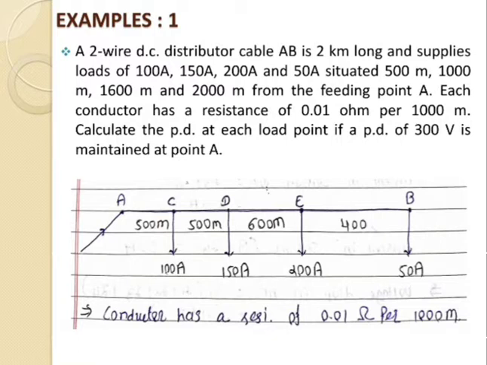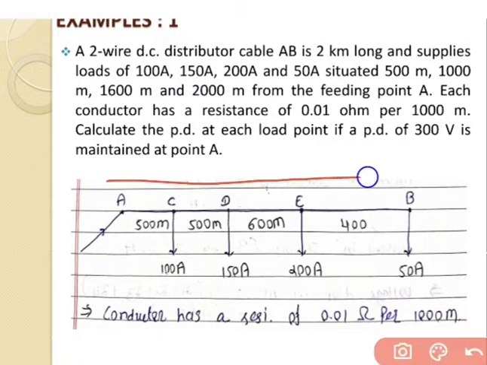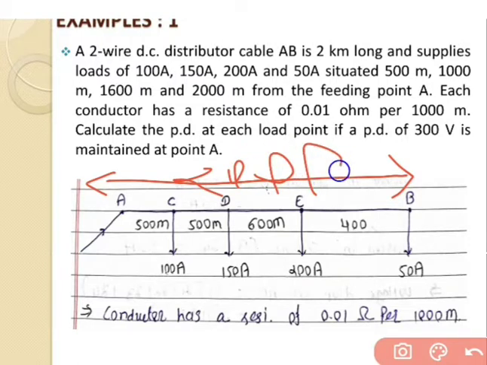Based on the given data, just go for the first statement: 2-wire DC distributor cable AB. The name of the distributor is AB, and its length is 2 km, which means 2000 meter.